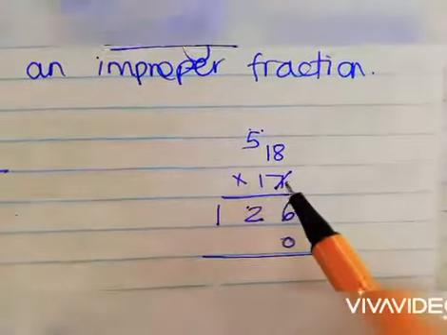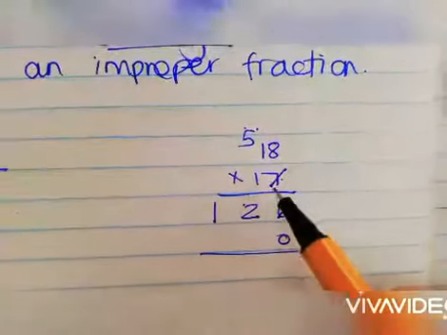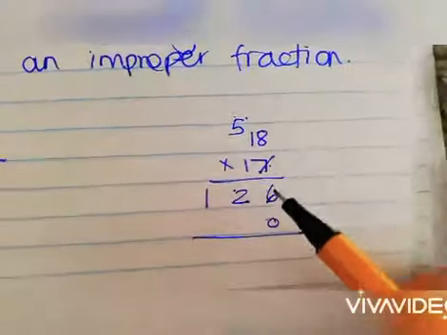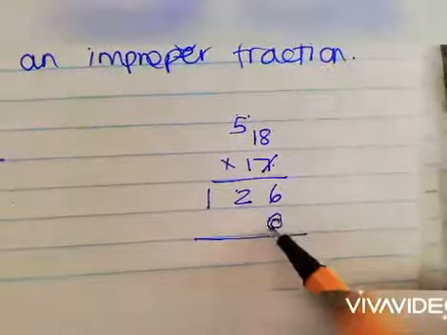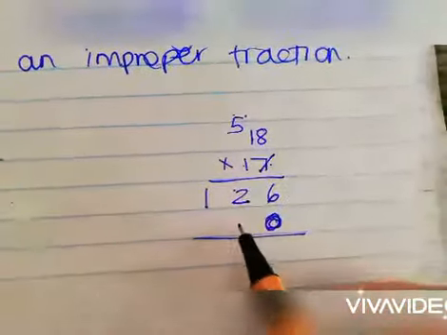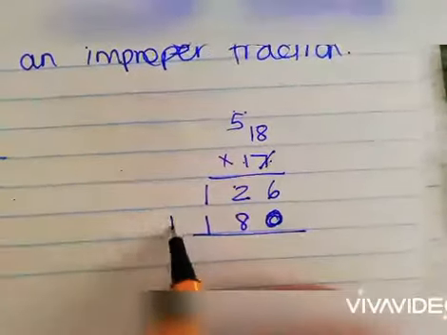And then because this is a 10, because you are talking about a 17 and it's not 7, you put down the naught for your tens, and then you just copy. So 1 times 8 is 8, 1 times 1 is 1, and then you finish it and you add.